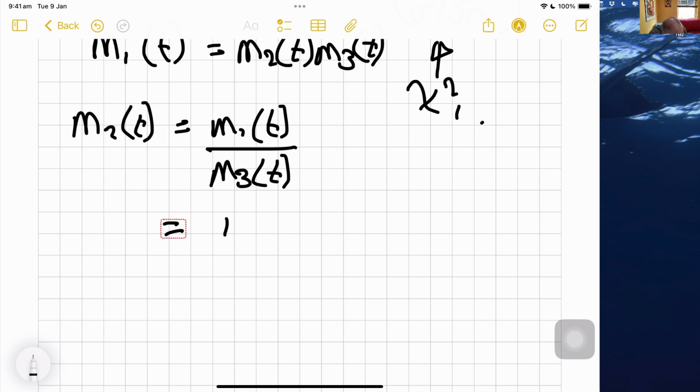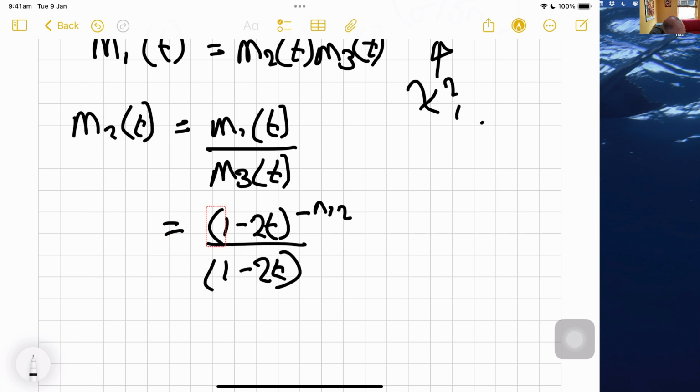Substitute what that is. That's (1 minus 2t) to the minus n on 2, over (1 minus 2t) to the minus a half, which is (1 minus 2t) to the minus (n minus 1) on 2.